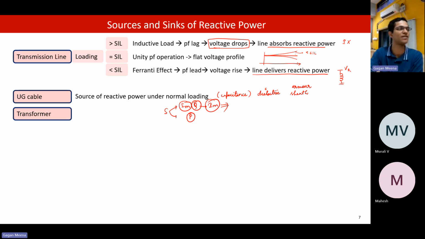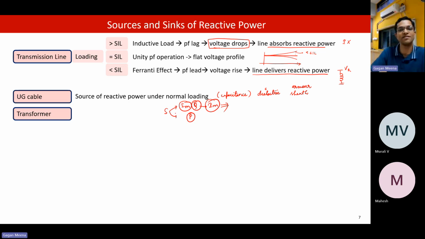So here the transformer is mostly inductive. Although there is no element which is without capacitance also, there are some stray capacitances, but mostly it is inductive. And there are some elements where we have capacitances also.